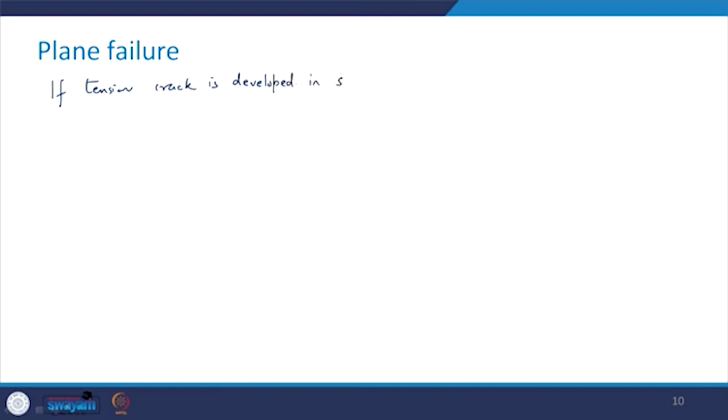in the slope face, that means, let us say if this is the situation, this is your slope face and say some discontinuity is there, and instead of having it here, now the tension crack is appearing, let us say here like this, that is on the slope face.